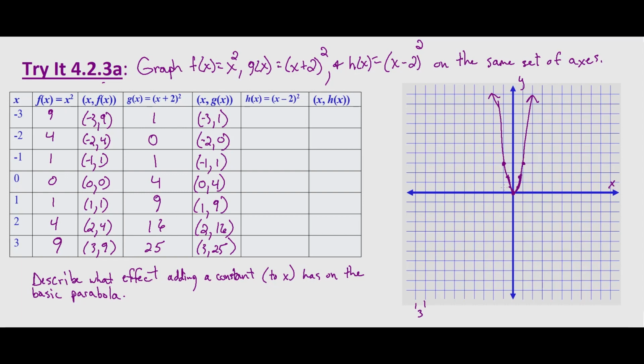-3, 1 is going to be right about here. -2, 0 is going to be right about here. -1, 1. So -1 is going to be about here. 1 is going to be right about here. 0, 4. So each one of these is 3, 4. 1, 9.